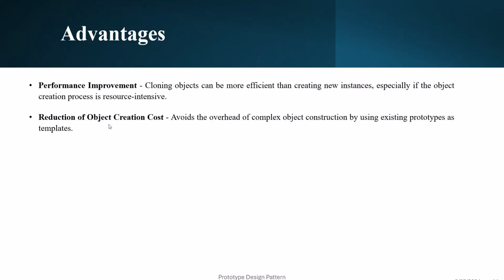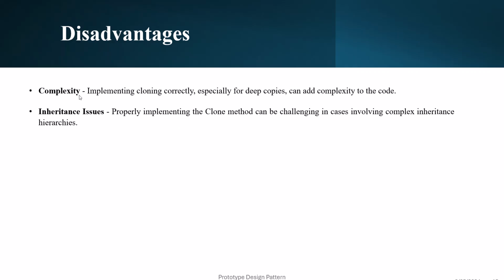And the reduction of object creation cost. Some of the disadvantages: complexity, because implementing cloning correctly, specifically for deep copies, can be more complex. And the inheritance issue: properly implementing the clone method can be challenging in cases involving complex inheritance hierarchies.